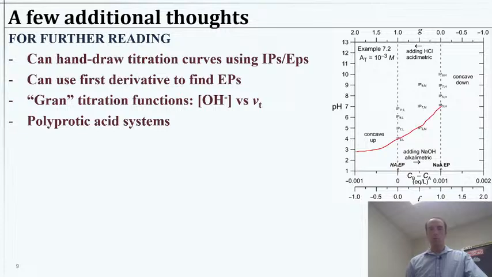And then this is concave down, something like that. I don't know if I'm drawing that particularly well, but we could imagine drawing those well and getting those concave pieces correct and do that by hand.